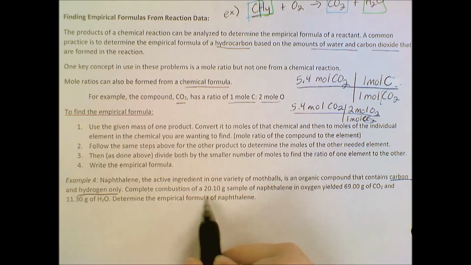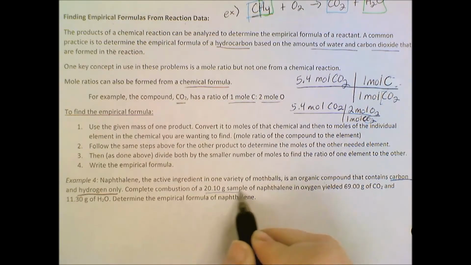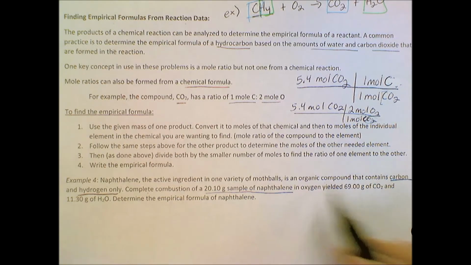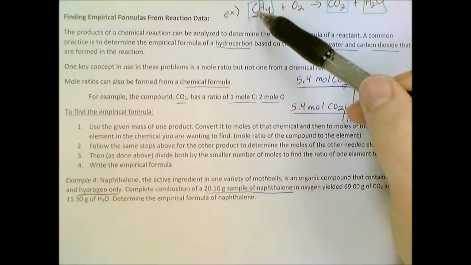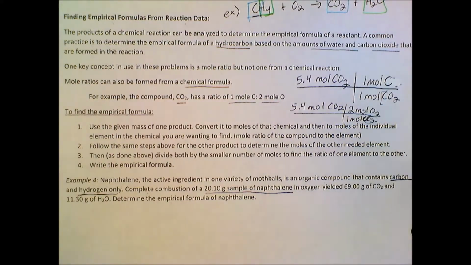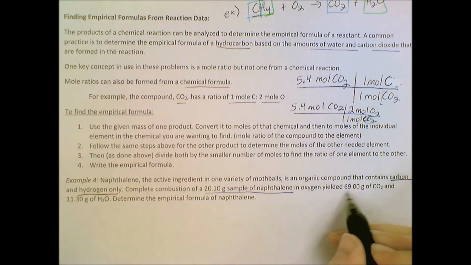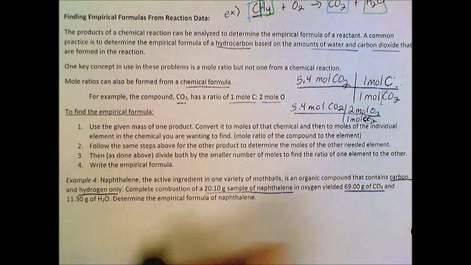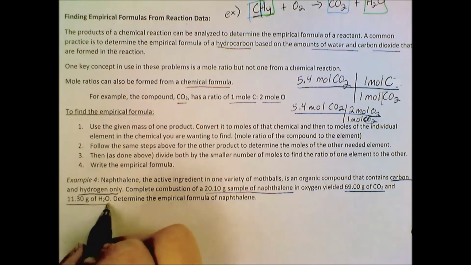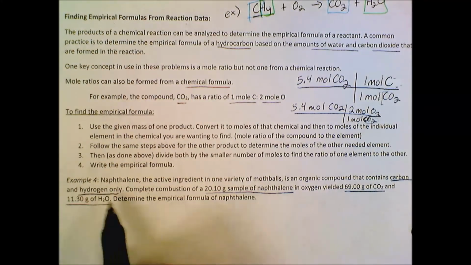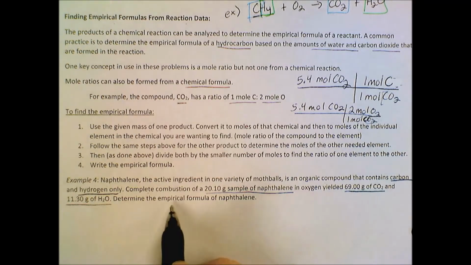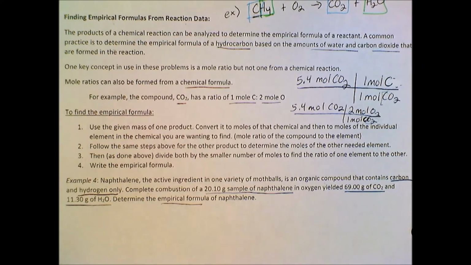Complete combustion of a 20.10 gram sample of naphthalene in oxygen, so we're burning this hydrocarbon in oxygen, yields 69.00 grams of carbon dioxide and 11.30 grams of water. So it's telling us exactly how many grams of each of these products we formed. Determine the empirical formula of naphthalene.